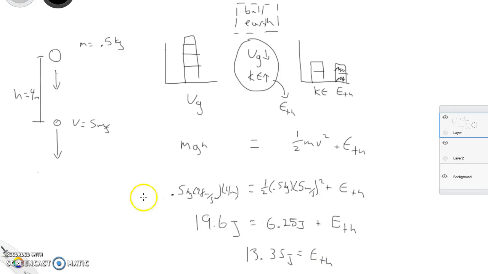Okay, the last thing we can do is find the efficiency. That would be energy out divided by energy in, and multiply by 100 to make it a percent. So the efficiency here would be about 32%.